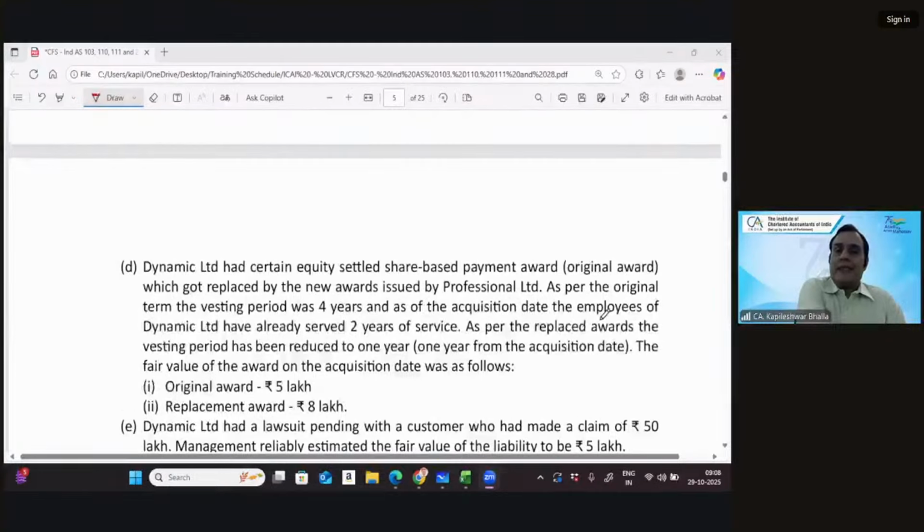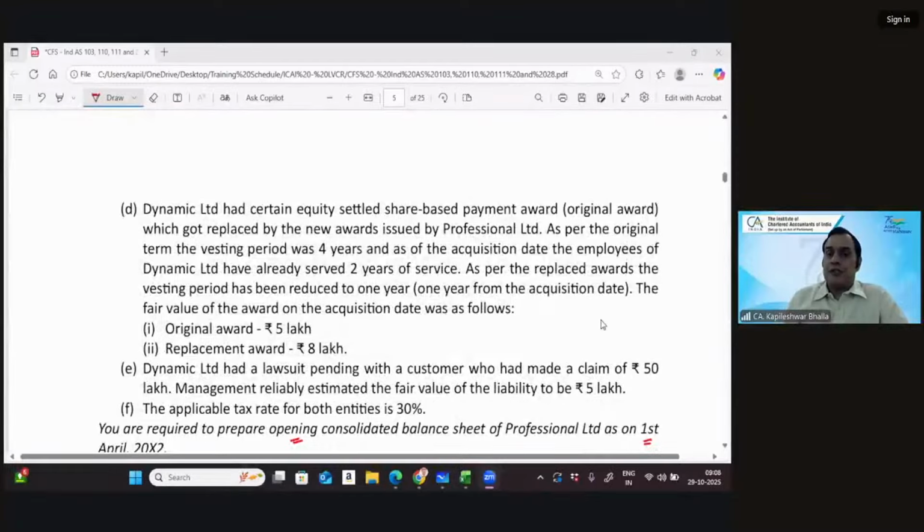Then it says Dynamic has issued certain equity settled share based payments with an original award which got replaced. It got replaced, which means it seems to be a case of a mandatory replacement issued by Professional Limited. As per the original term, the vesting period is 4 years, and as on the acquisition date, the employees had already served 2 years of service.